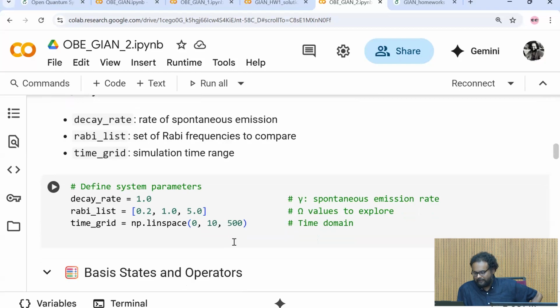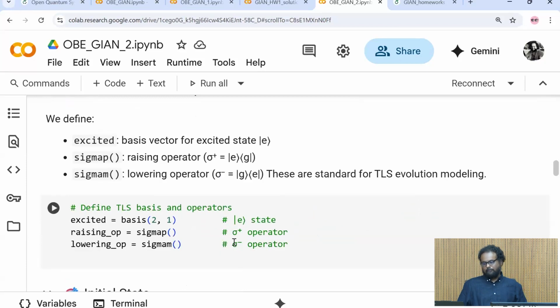Now comes the important part. I need to be able to define my basis, my quantum state, as well as my operators. The thing I want to start out with is being in the excited state, right? Two-level system. So this function basis allows you to do that.